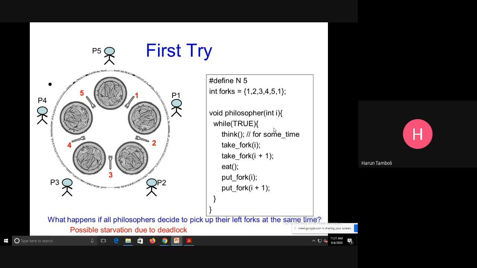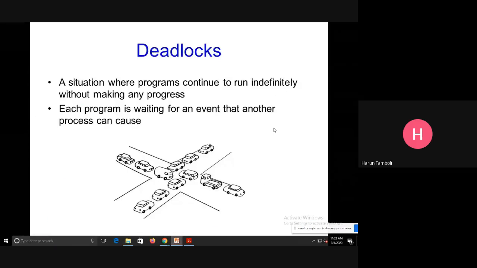Since all are waiting or blocked, the condition becomes a deadlock because no one is there to wake up the other. All are in the blocked or waiting state. So this could lead to a deadlock. These are the two problems that may happen with this particular algorithm.